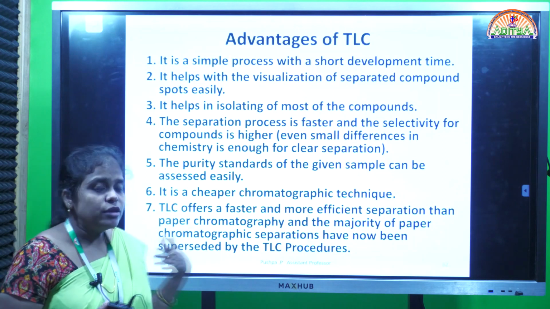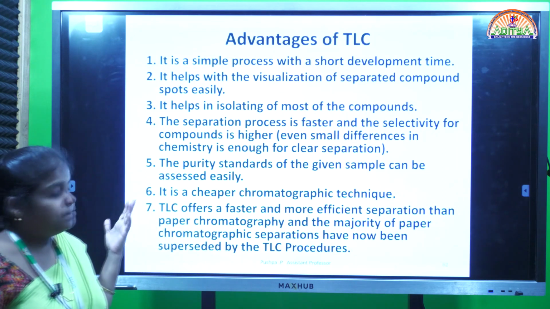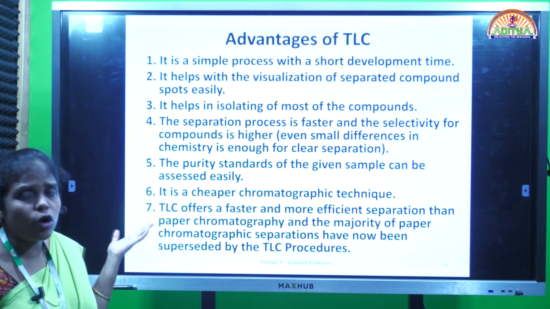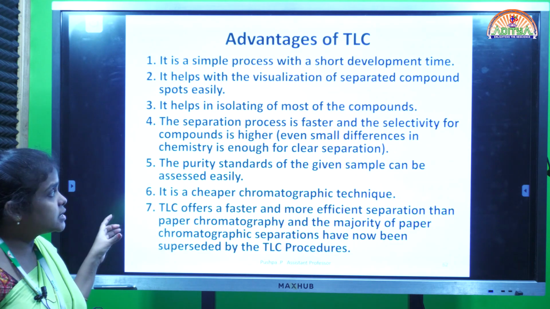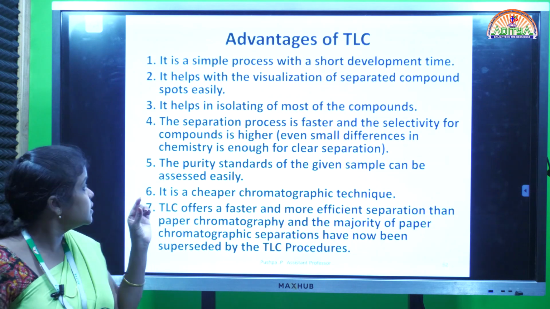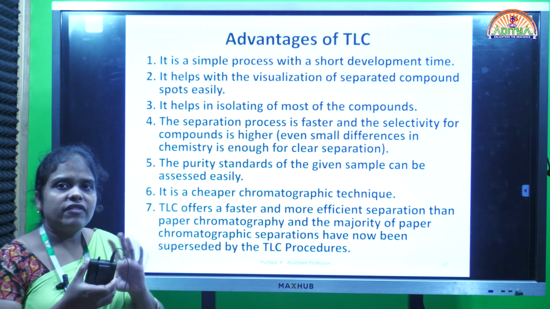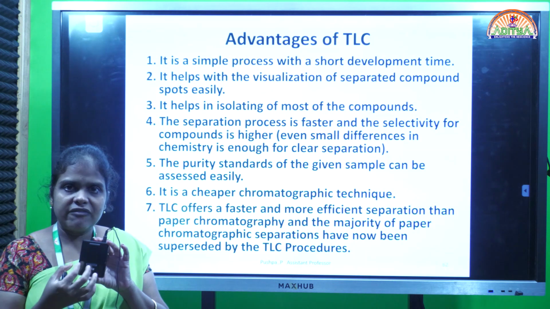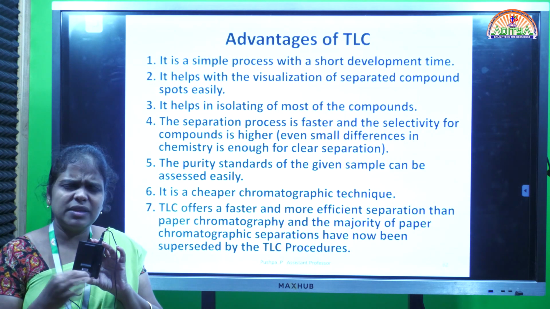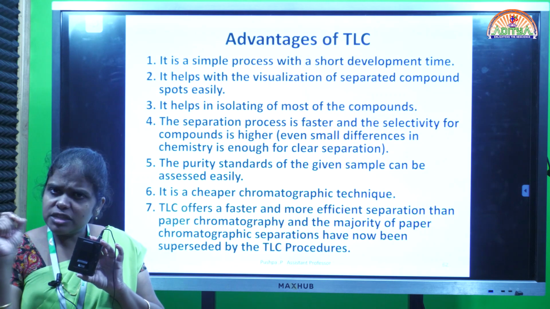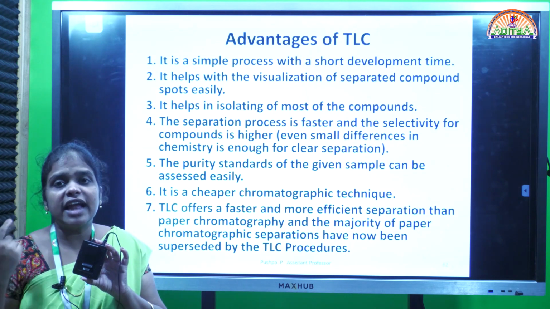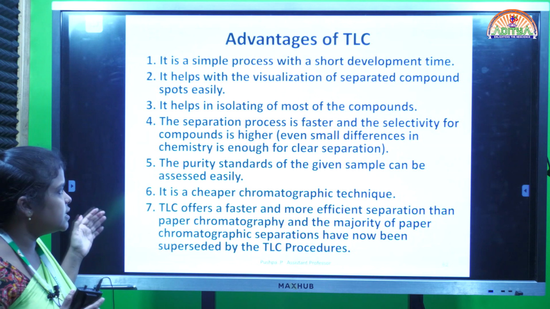Also, by using the TLC plate we have isolated many compounds, and it is an easier process. Even small differences in chemistry can be identified: whenever we spot a sample with many components, even minute differences between those components can be identified by the TLC process.